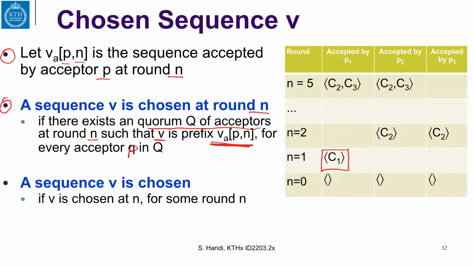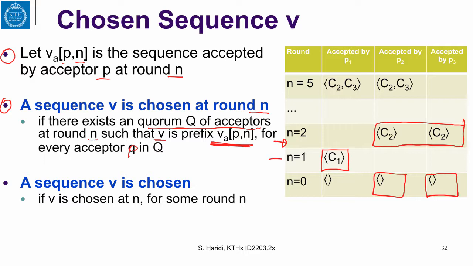So let us see what we have here. Let us look at the sequence accepted at round 2. At round 2, we have a quorum here. This quorum accepts the sequence consisting of C2, but also it accepts the empty sequence. Because there is a majority for the sequence consisting of C2, and there is a majority at round 2 also for the empty sequence.